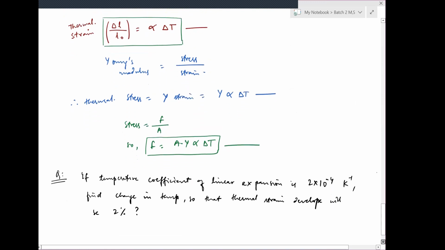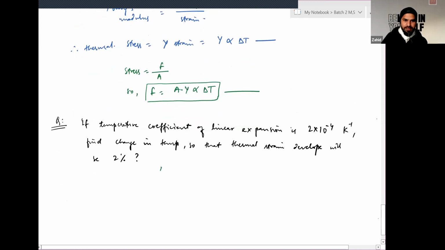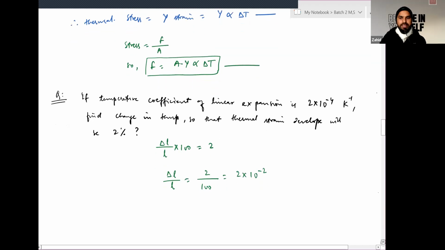In this question, thermal strain is given in terms of percentage. So we may write it as delta L divided by L into 100 is 2. But we have to calculate only the delta L by L part. So delta L by L equals 2 divided by 100, or you may write it as 2 into 10 to the power minus 2. Now use the above formula and try to find delta T.